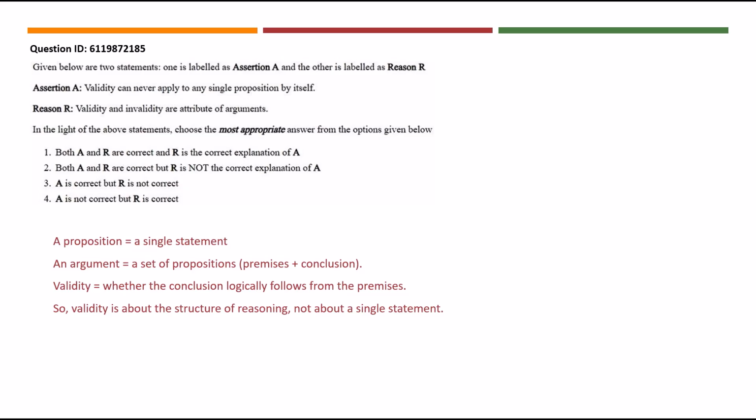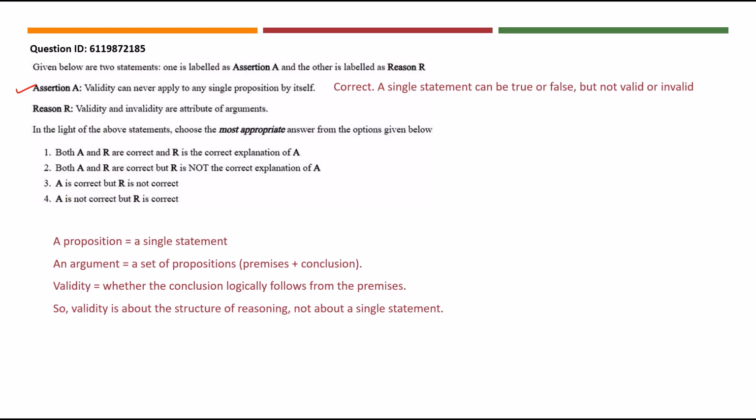So validity is about the structure of reasoning, not about a single statement, which means the assertion is perfectly correct. Validity can never apply to any single proposition by itself. A single statement can be true or false, but not valid or invalid. You can never get the validity of a single statement.